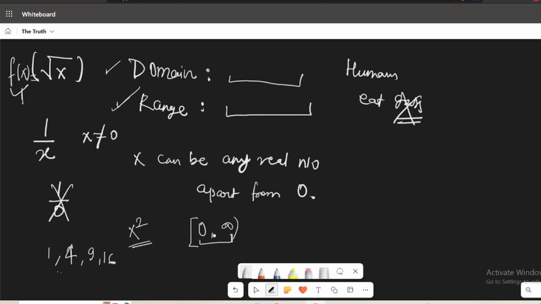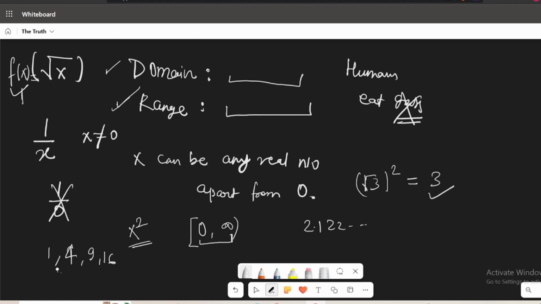Means each and every value, which includes this thing also, 1.3, 2, etc. anything. So we have to include all things. But how can you say that it will include everything? Like, for example, say if you have root 3 as x, so it will be how much? 3, right?